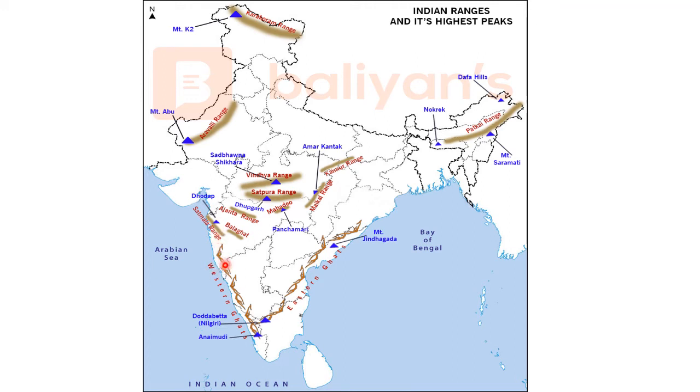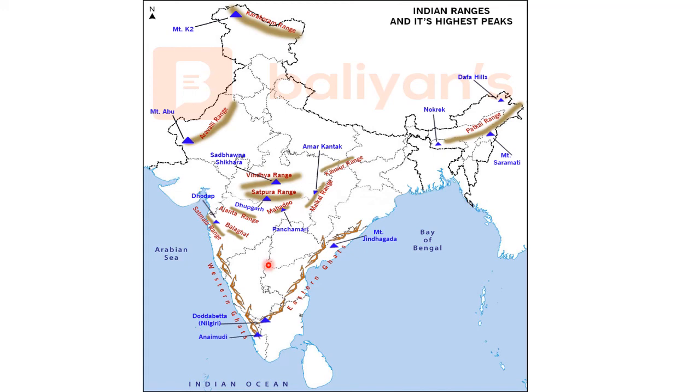From here the Western Ghats start, and in this mountain range there are passes. So we can cross through these passes and go towards the Eastern Ghats. The Western Ghats are higher than the Eastern Ghats, remember. The highest peak is Anai Mudi. You need to find out where the Anai Mudi peak lies in the Western Ghats.